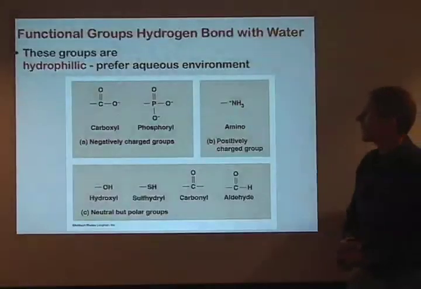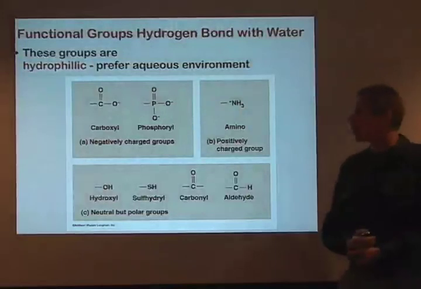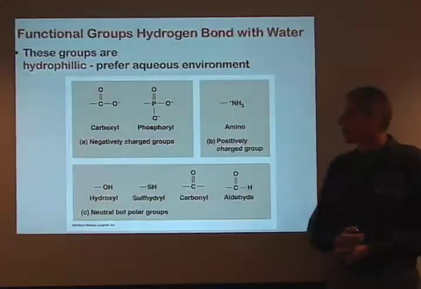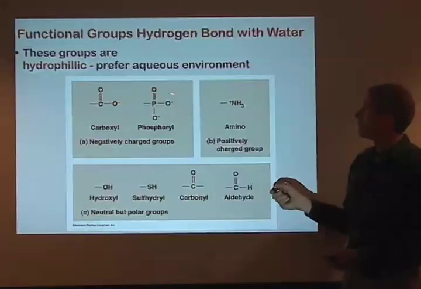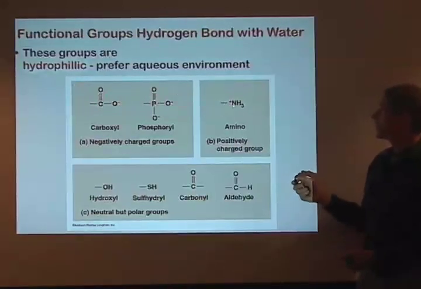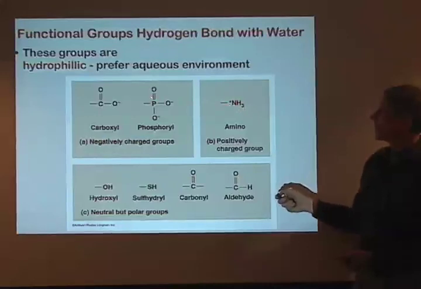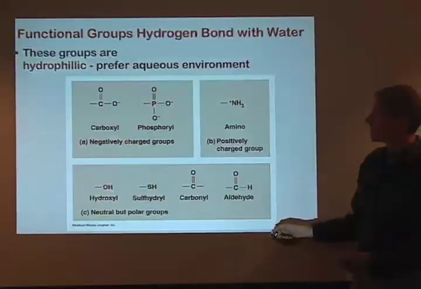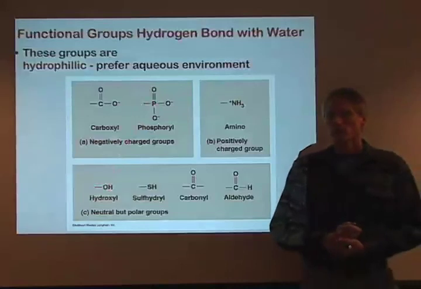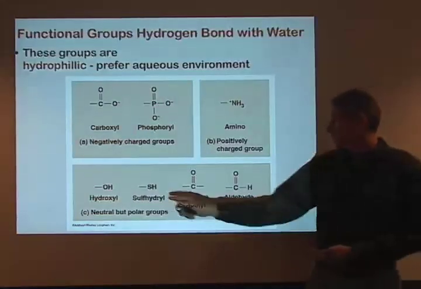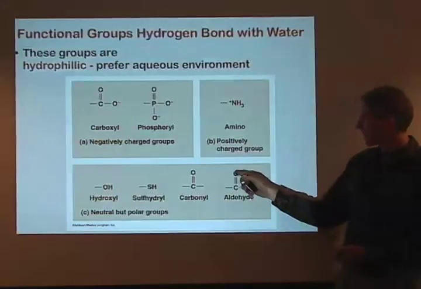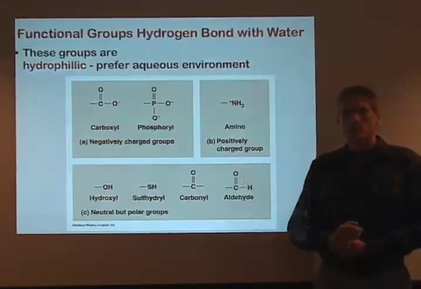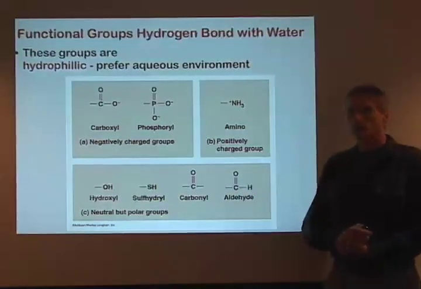So hydrogen bonds can occur between water molecules, and also anything that has an oxygen or a phosphate or an amine, anything that's charged. Any atom that has unpaired pairs of electrons, sulfhydryls, carboxyls, aldehyde, these have unpaired pairs of electrons that can hydrogen bond with the protons of water.